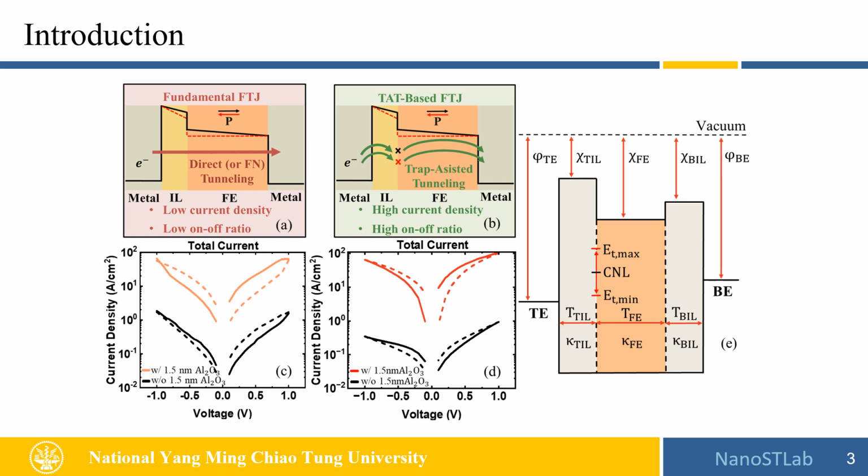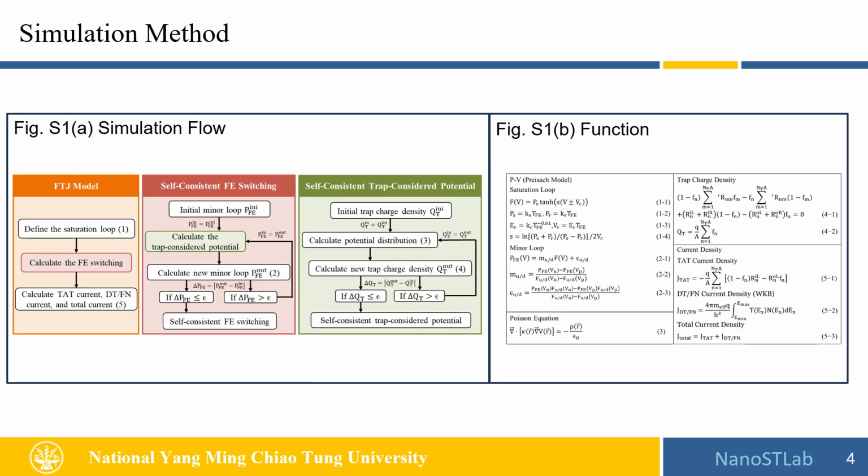Through this comprehensive model, we simulate the experiment in figure C, and it's clearly seen that they show agreement. The band structure is shown in figure E here. This is our simulation method, and I'm not going to go through the details because it's relatively complicated.